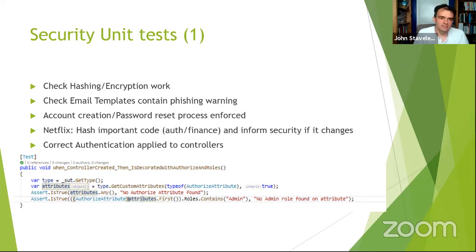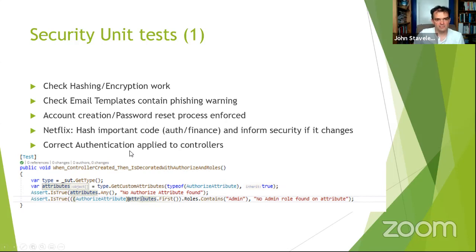Okay. So in terms of your security feedback, you can do unit tests, so you can check your encryption or hashing algorithms work, check email templates contain the phishing warning, and check the account creation and password reset process is properly enforced. Netflix use a check where they hash important code related to auth or finance, and that gets emailed to the security team. So if a developer tries to weaken either of those, or give themselves funds or whatever, the security team gets emailed as soon as there's any code change, so they get to review it.